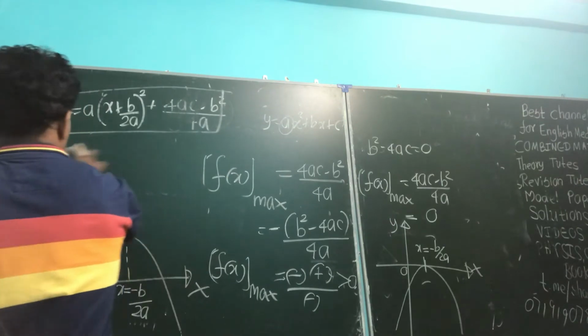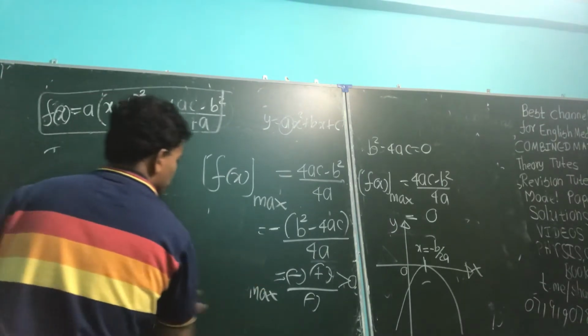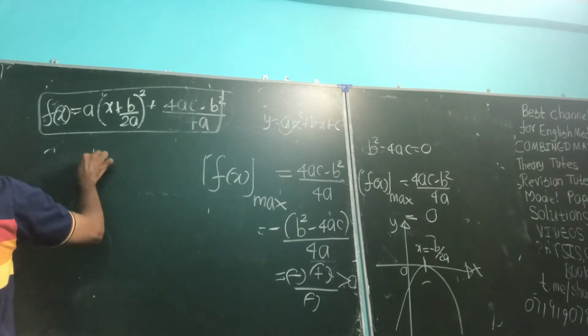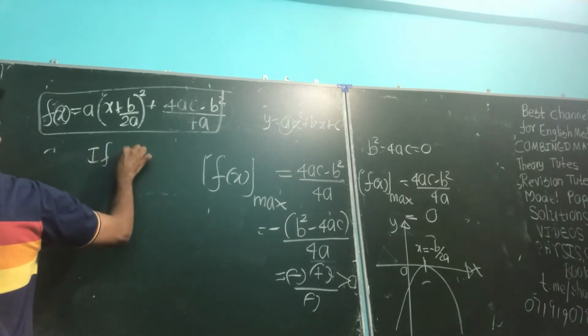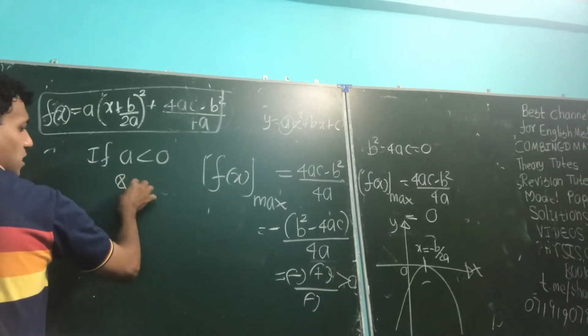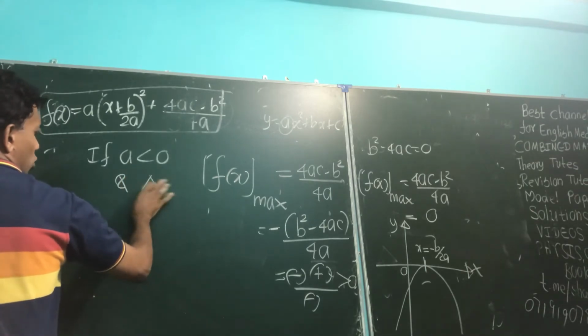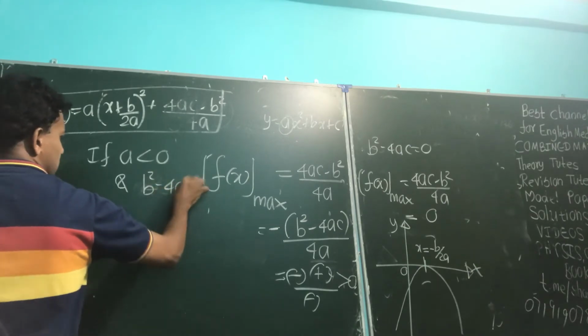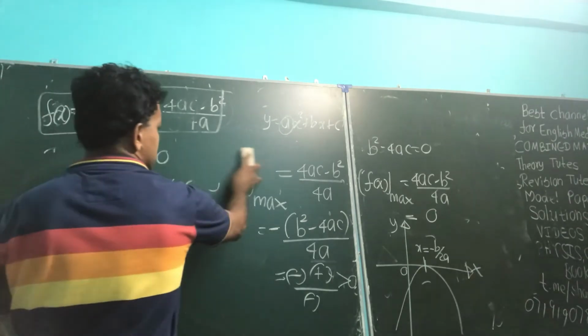Okay, right, type C. Type C is what? If A less than 0 and delta, or B square minus 4AC, less than 0.